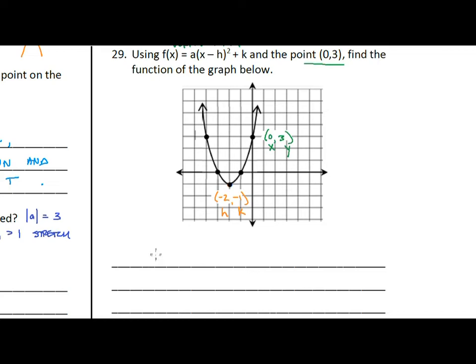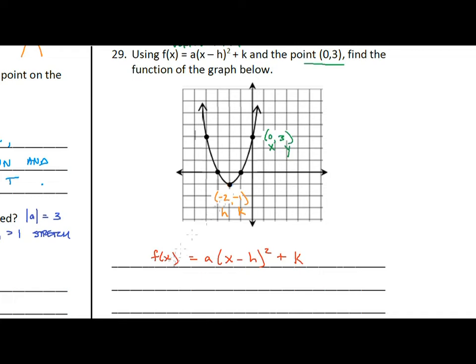Here we go. So f of x is equal to a times x minus h squared plus k. We always start with that vertex form quadratic. Let's plug in our values. So f of x, that's the same as y.